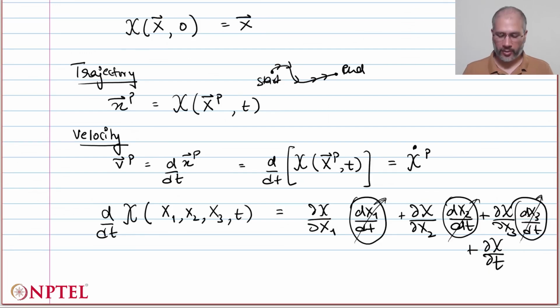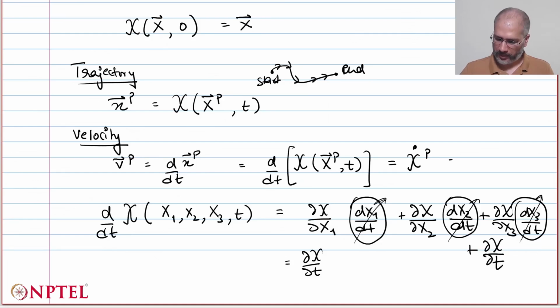And the reason for that is because capital X vector is the reference configuration. It is the configuration of the body at a given time, typically t equals 0. So if this capital X is a position that is defined at t equal to 0, that means it does not depend on time. So the components capital X1, capital X2 and capital X3 are independent of time. So these terms are 0. So what we are left with is simply del chi by del t.